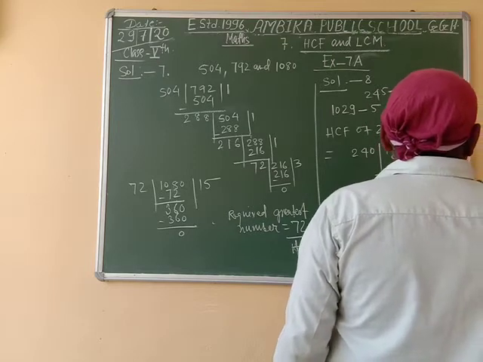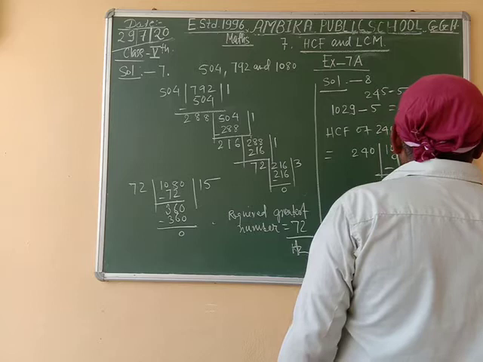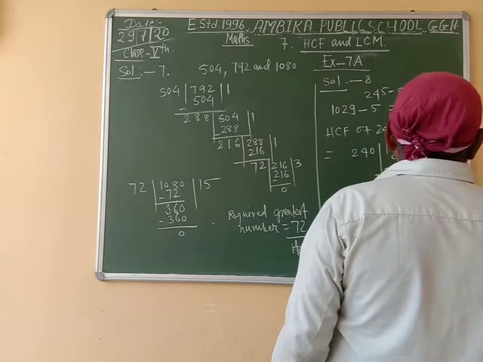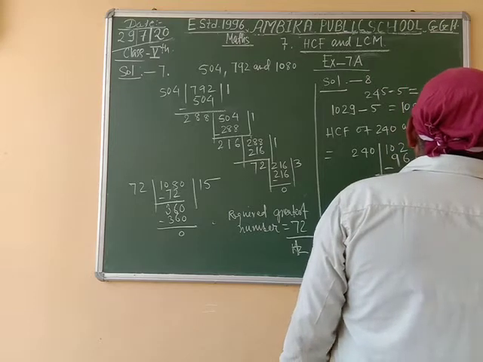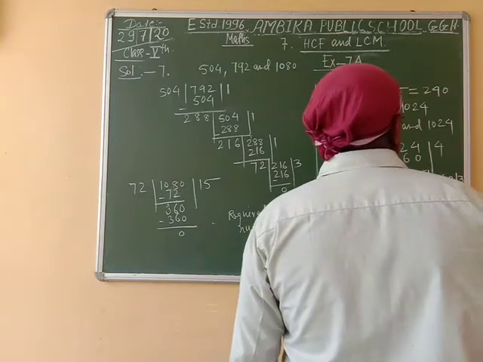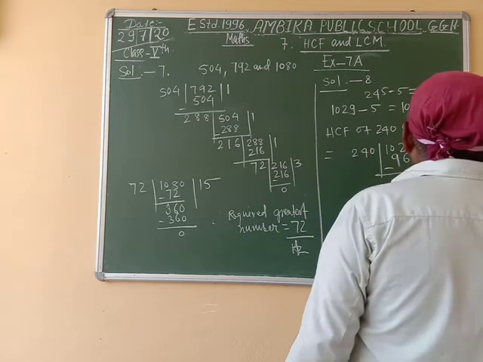So we take the quotient as 3 and the product is 192. Subtracting, the remainder is 48.